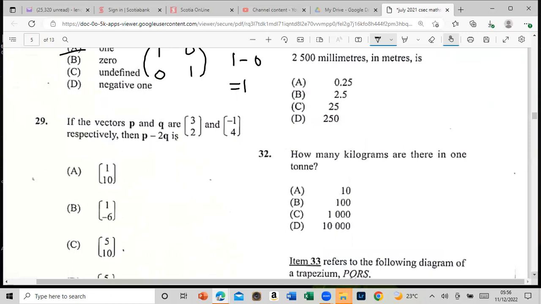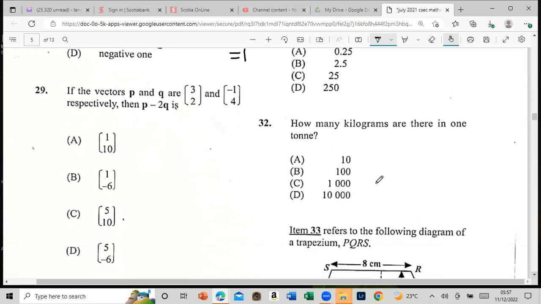If the vectors P and Q are (3, 2) and (negative 1, 4) respectively, then P minus 2Q is, alright, P is equal to (3, 2). We're going to minus 2 times Q, so we multiply Q by 2, negative 2 times negative 1 and 4.